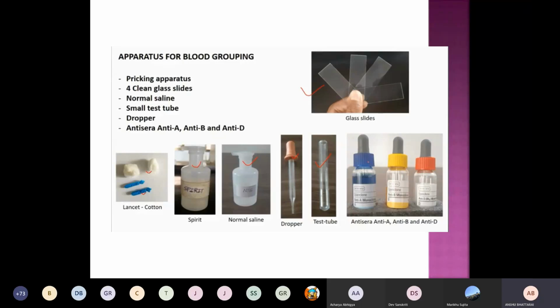These are artificially available anti-sera preparations. Anti-A solution contains agglutinin against agglutinogen A. Anti-B solution contains agglutinin against agglutinogen B, and anti-D solution contains agglutinins against agglutinogen D, meaning Rh antigen.